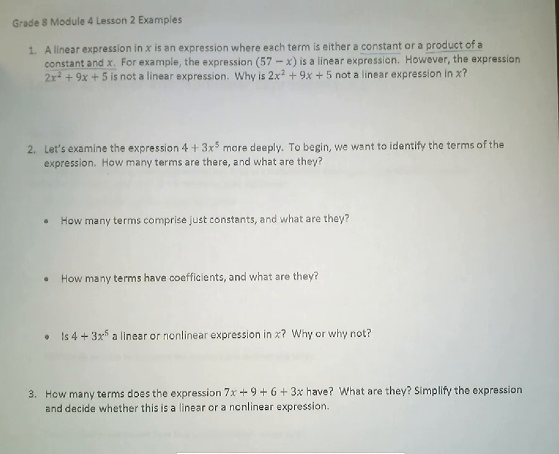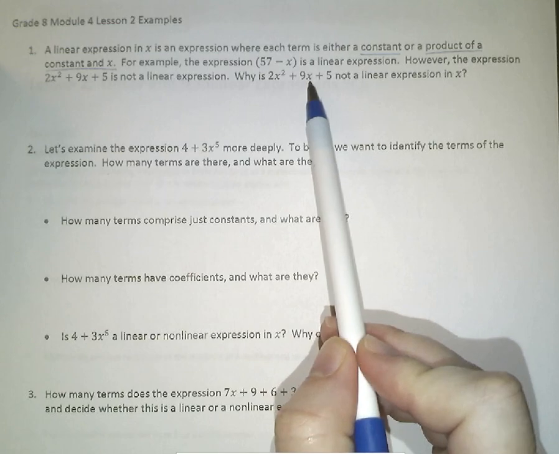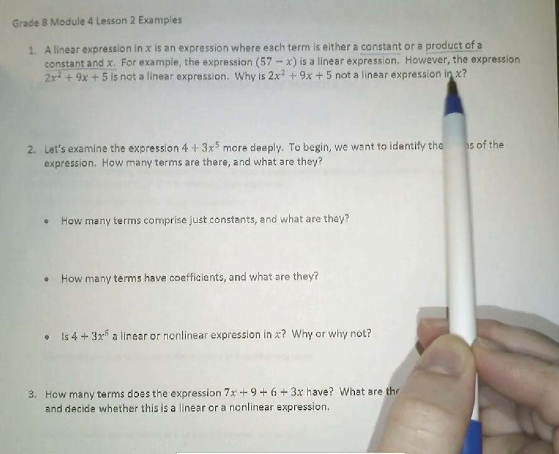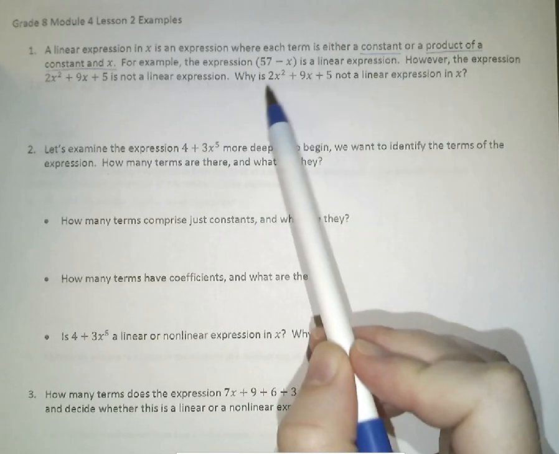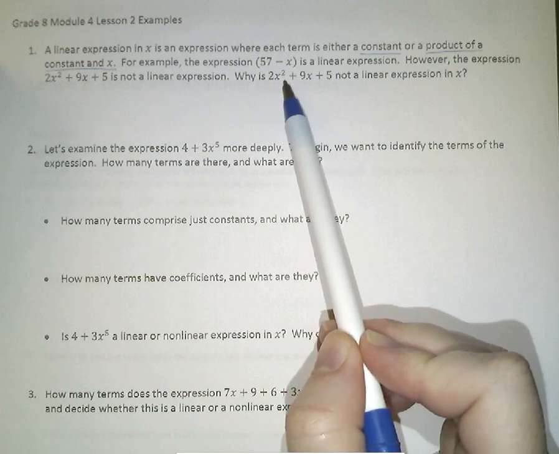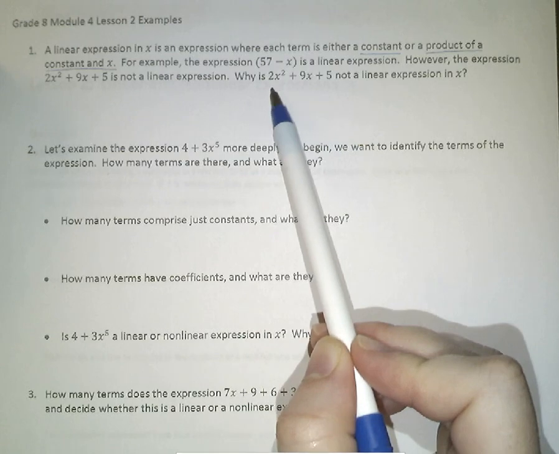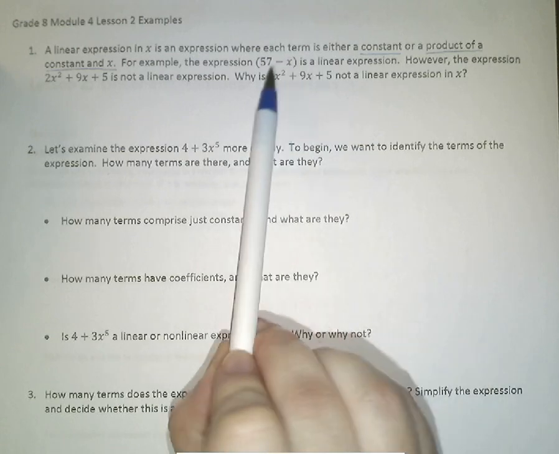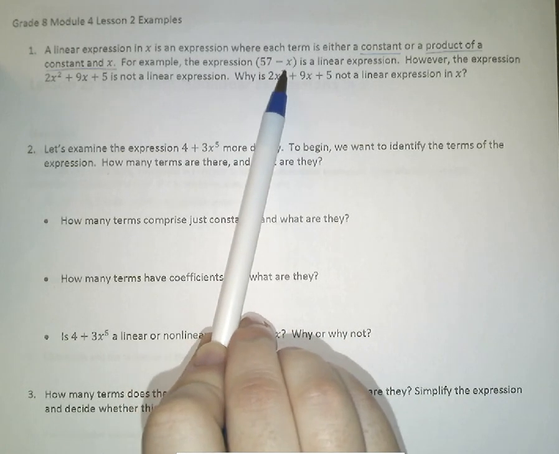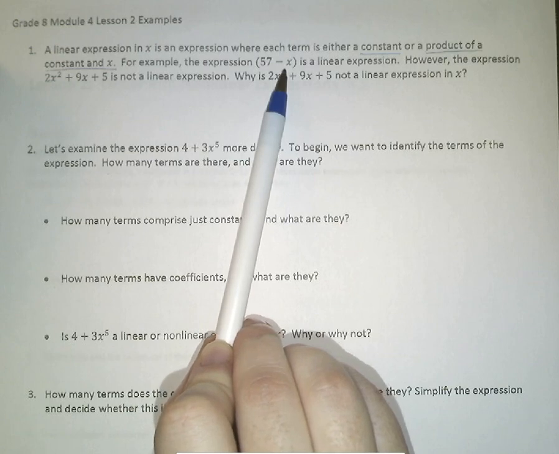So why is 2x squared plus 9x plus 5 not a linear expression in x? Because the term 2x squared has an exponent of 2 on top of the x. If it was used without that 2, then it would be a linear expression.